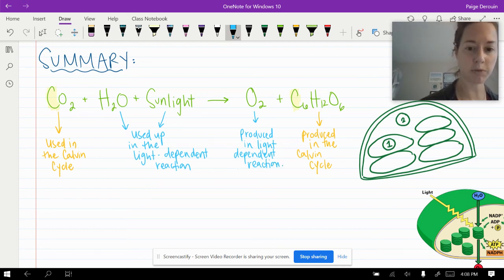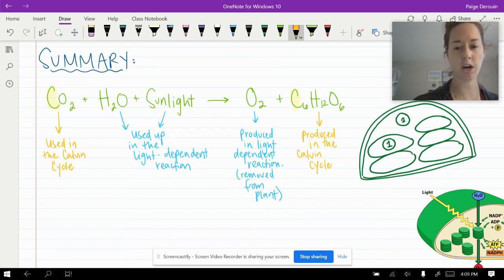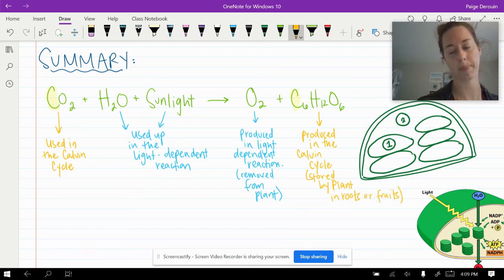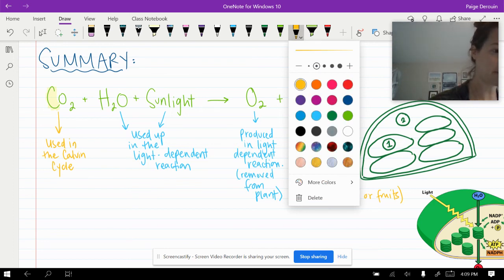And then this is removed from the plant. The sugar is stored by the plant in roots or fruits, or it's used up using cellular respiration. And then the carbon dioxide comes from the atmosphere.